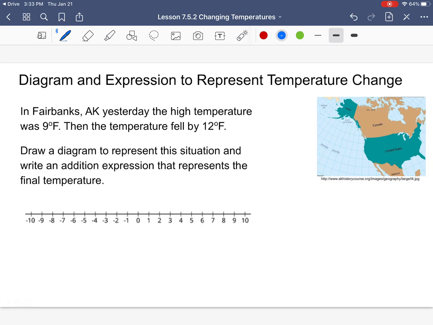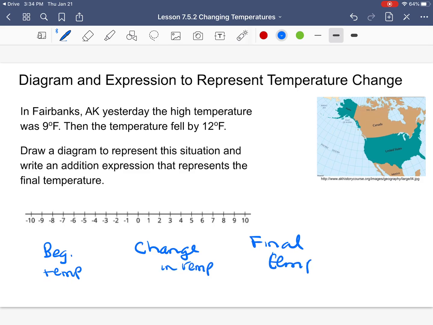And another example, again, we'll have beginning temperature, change in temperature, and final temperature. So yesterday in Fairbanks, the high temperature was 9 degrees. The temperature fell by 12 degrees.